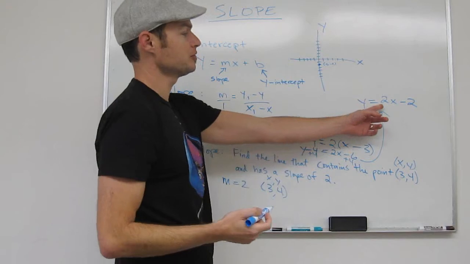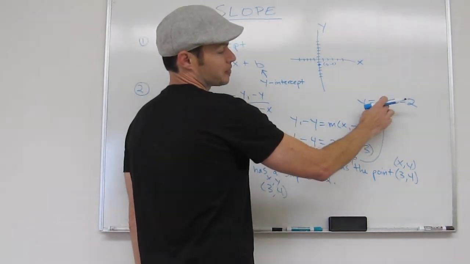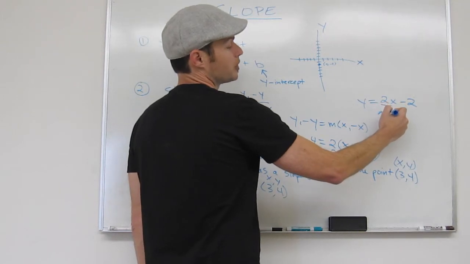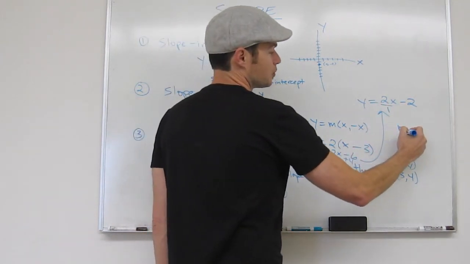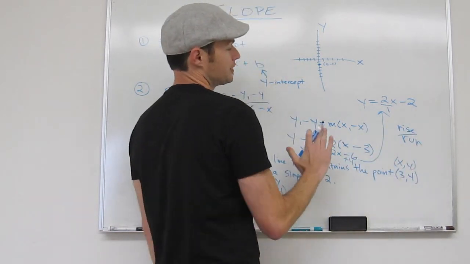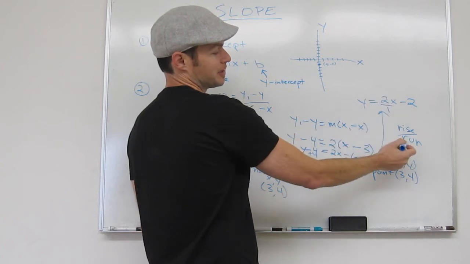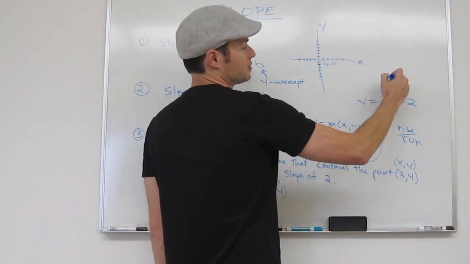The next thing we're going to do to graph the slope is, again, if there's nothing written under here, you can assume this is like a 1 right there. And the definition of slope is rise over run. So we want to rise up the number that's on the top, and then run across the number that's on the bottom. That's how you get your staircase.